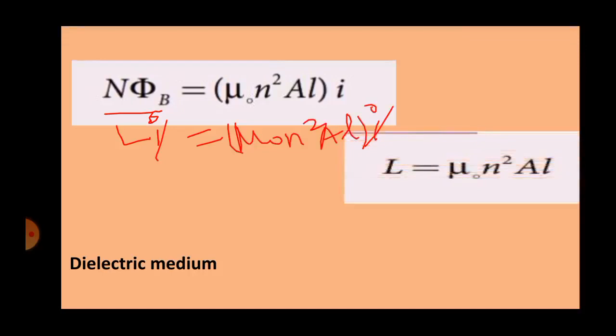Now i cancels. Therefore, L is equal to mu naught n square A L.